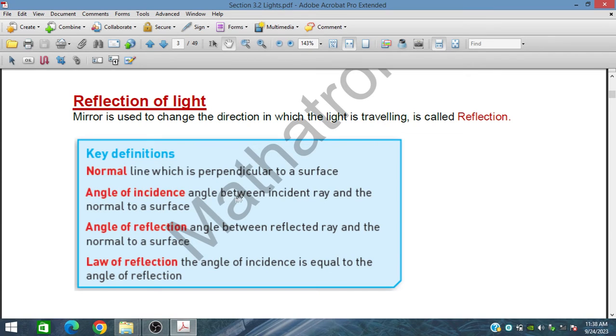The angle between the incident ray and the normal to the surface is called the angle of incidence. The angle between the reflected ray and the normal to the surface is called the angle of reflection. The angle of incidence and angle of reflection are always equal. The law of reflection is that the angle of incidence is equal to the angle of reflection.